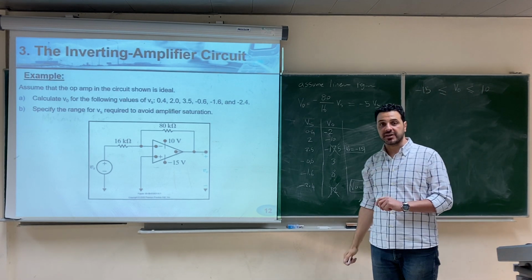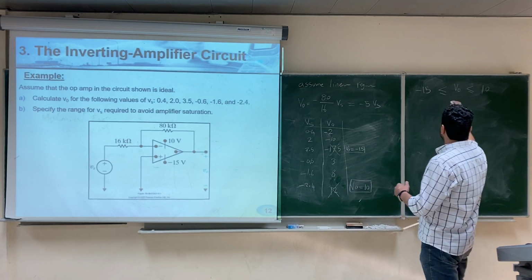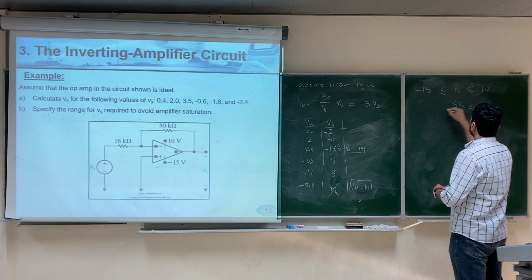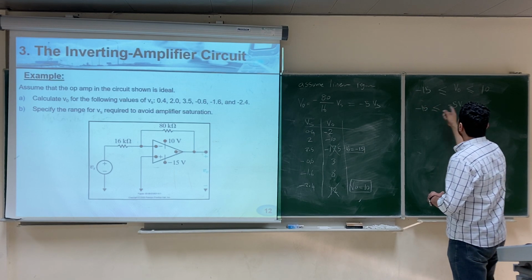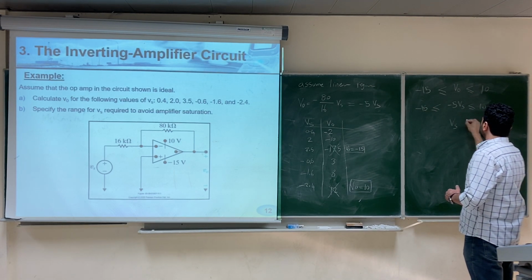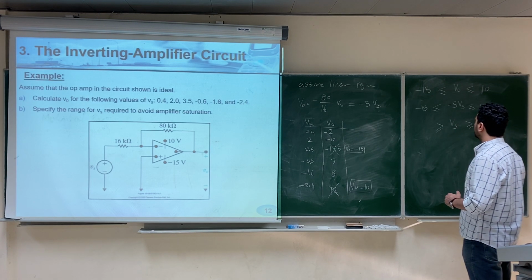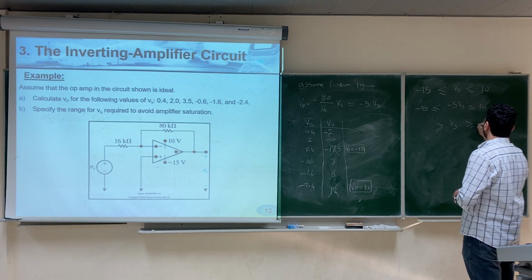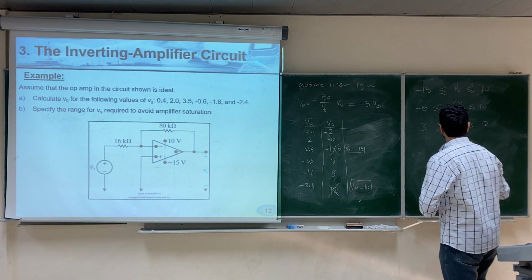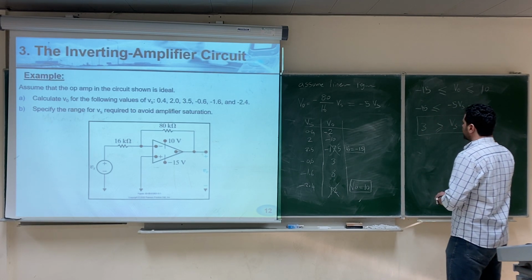What is V output? V output is negative 5 Vs. Then from here we can calculate Vs. If you divide over negative 5, the signs are going to reverse. This will be negative 2 and this will be 3. So Vs must be in the range between negative 2 and 3.